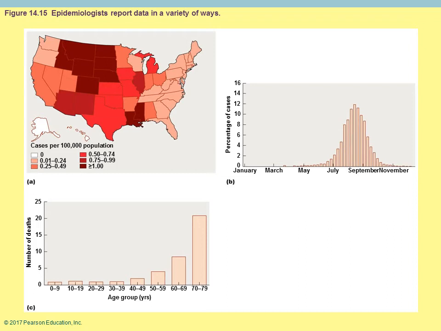When polio used to be very high, it tended to peak in the summer. And so depending on what information they want to gain, they can report it in a variety of different ways that can give them more information to say, okay, we see a spike of this particular disease in the fall, so we need to be prepared for that.